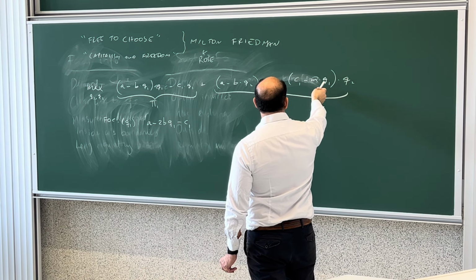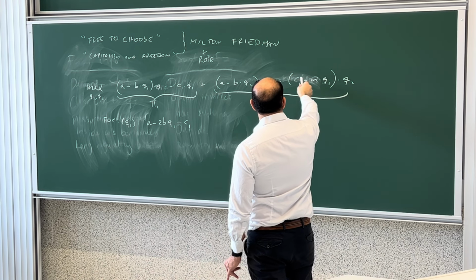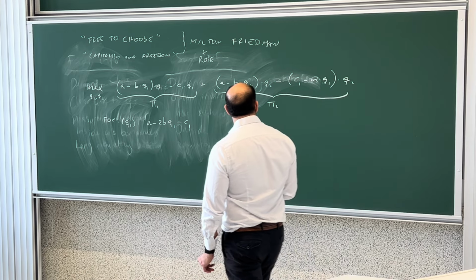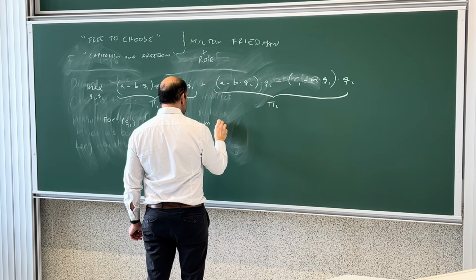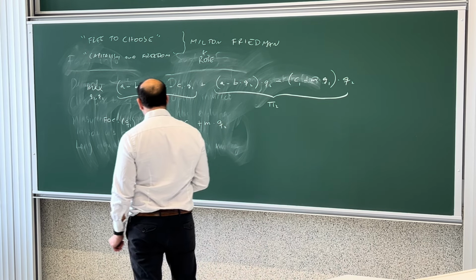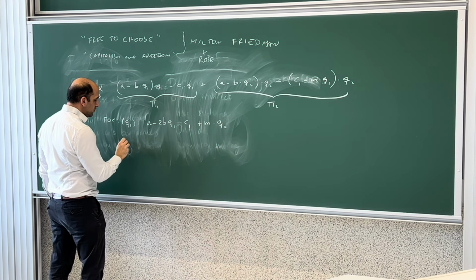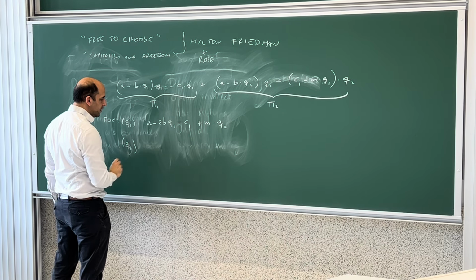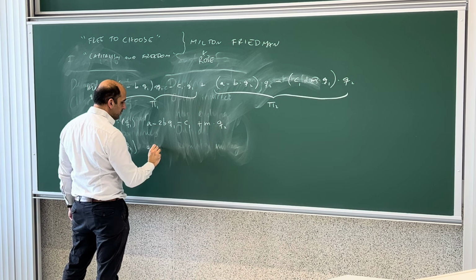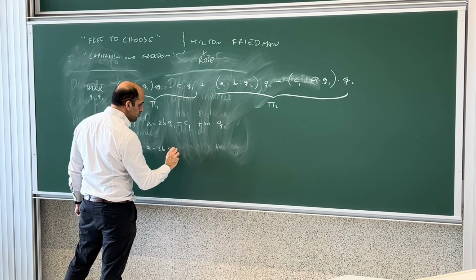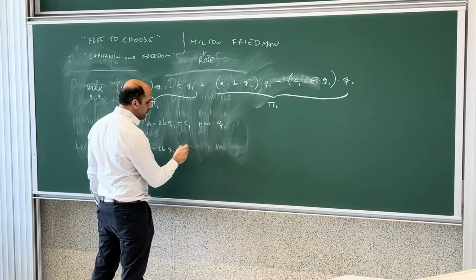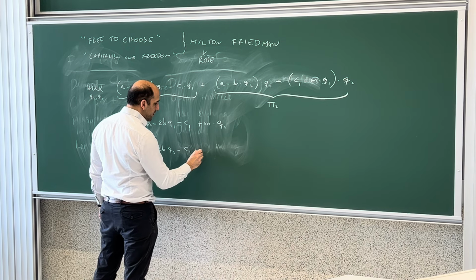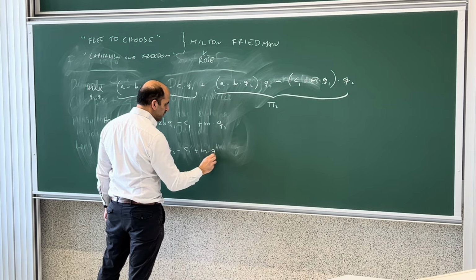The derivative of this with respect to Q1 is minus M times Q2. And then with respect to Q2, we get A minus 2B Q2 minus C2, which is the same as A minus C1 minus M times Q1. Okay.